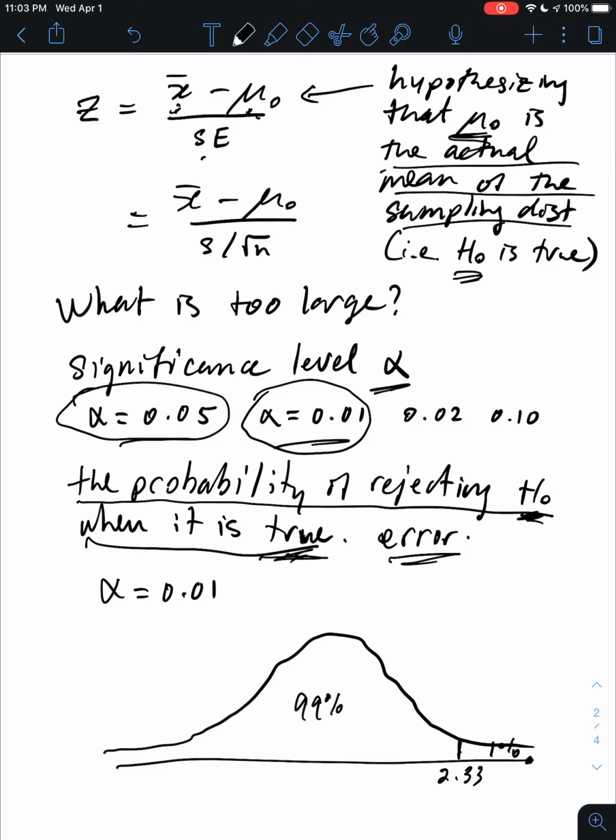there are really two things that can happen. One is that H sub 0 is actually true, and we are rejecting it because it's in this so-called rejection region. And that would be an error. And so you see that error only happens 1% of the time.